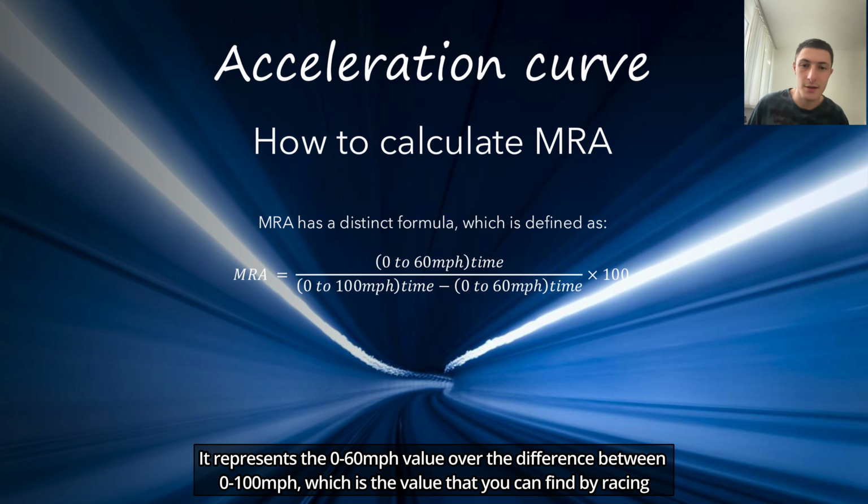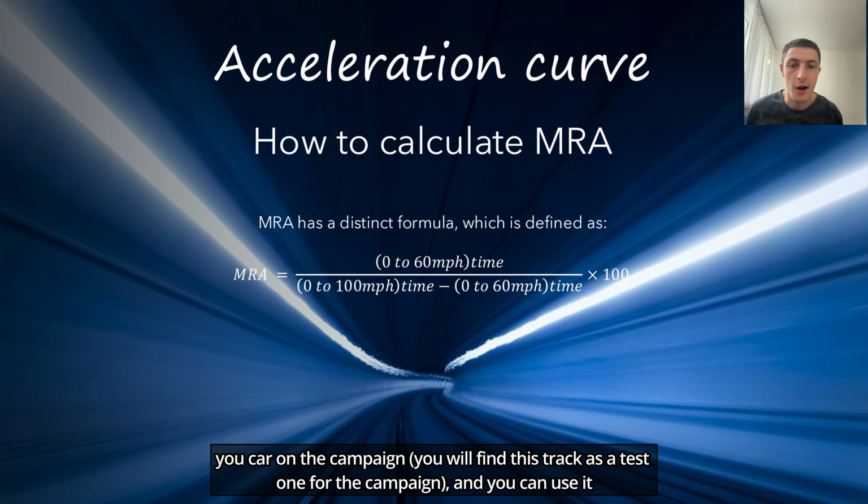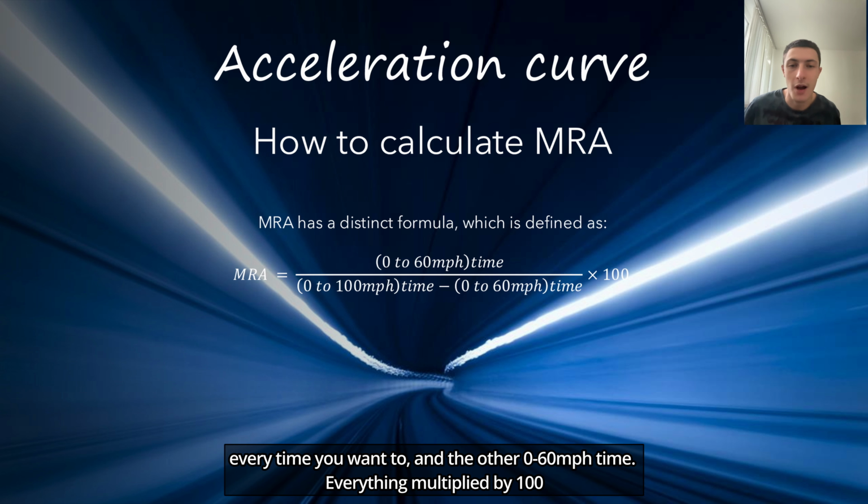It represents the 0 to 60 value over the difference between 0 to 100, which is a value that you can find by racing your car on the campaign. You will find this track as a test one for the campaign, and you can use it every time you want to.